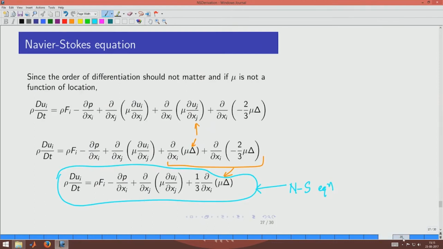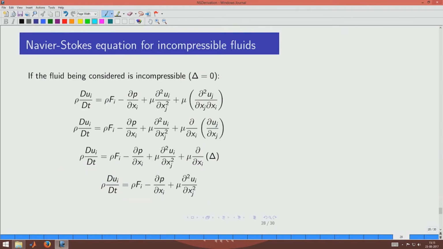Now, when we knock off the last term, there is a term which we want to expand, by showing that you could write it as dou square by dou x square. Here is the Navier-Stokes equation for incompressible fluid.